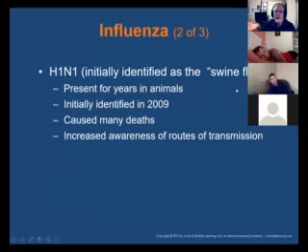It normally occurs in pigs, and there eventually was a genetic mutation in the DNA of that H1N1 influenza that allowed it to be transmissible to a human, and then we had sustained human-to-human transmission.